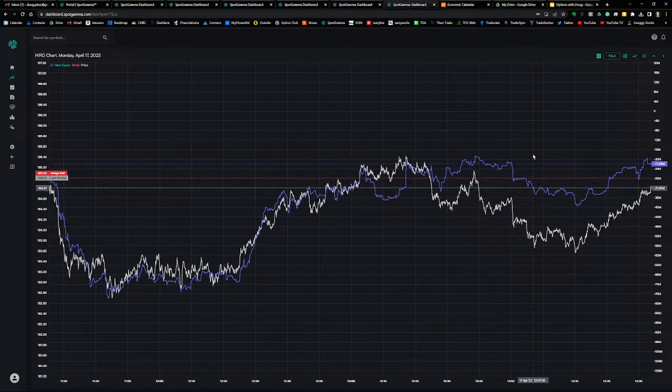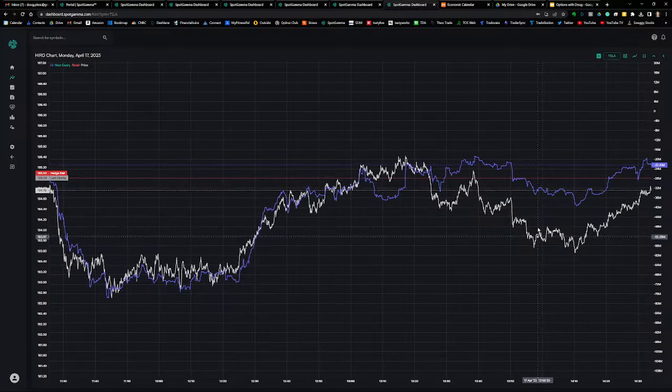The Hero line shown in purple tracks the price line pretty closely. And Tommy asks, are those charts in real time? Yes. So this is Hero, HIRO, Hedging Impact Real-Time Options.